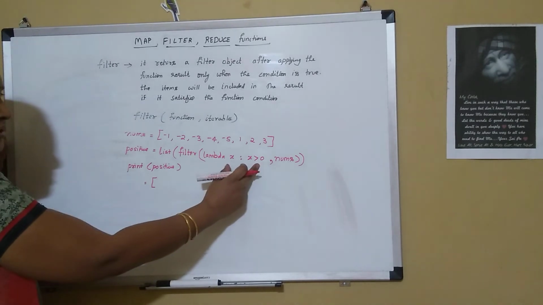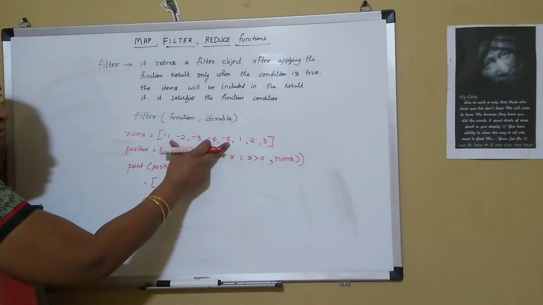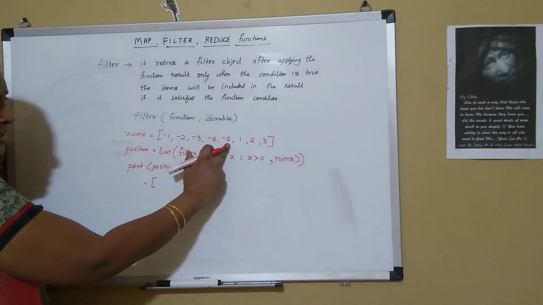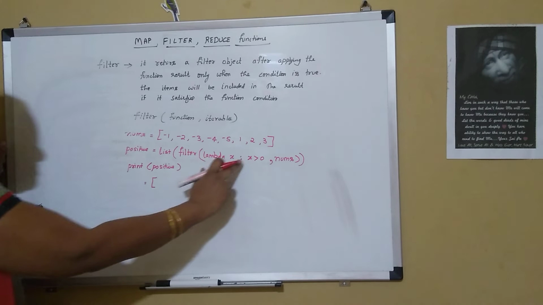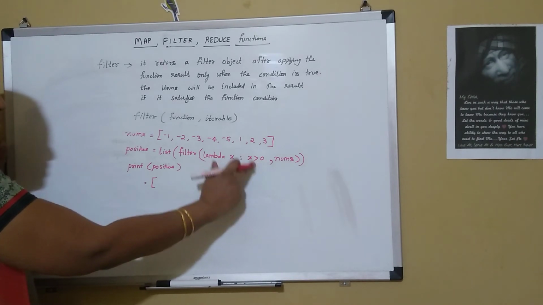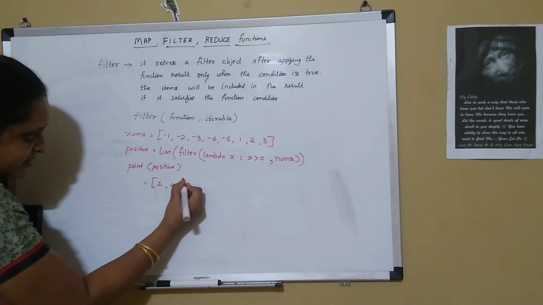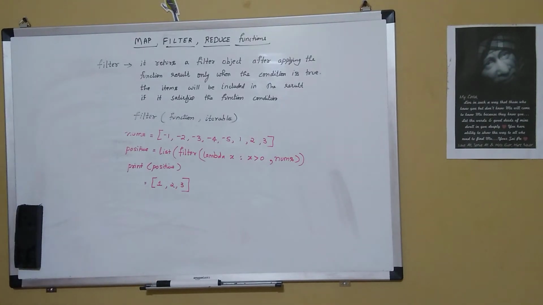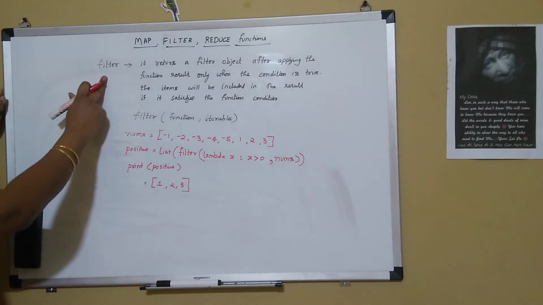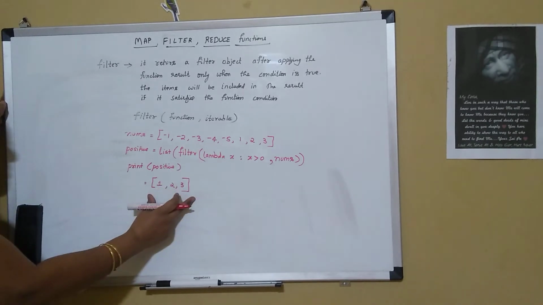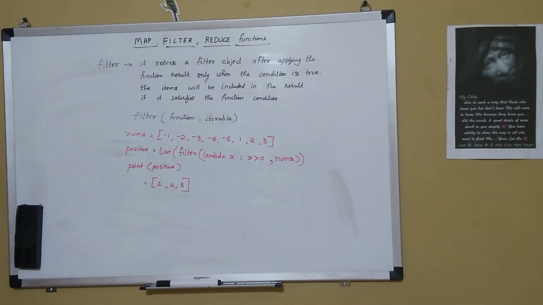So whichever does not satisfy this condition, it will omit. So -1, -2, -3, -4, -5 will be omitted as they are not greater than 0. So 1, 2 and 3 will be included in the list. As the name suggests, it filters the unwanted data and takes only the wanted data. So this is how the filter built-in function works in Python.